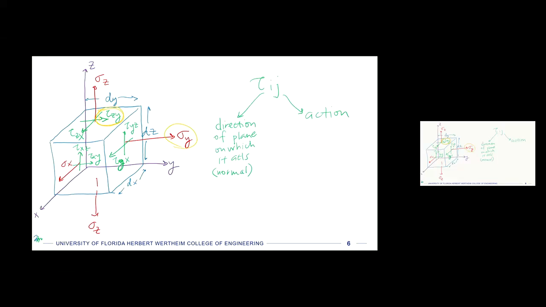So we have sigma x, sigma y, sigma z, and then shear stresses, 2 on each face. So we have 6 plus 3, that's 9 components. That is kind of a lot to define for this stress state, especially when we know it's a very simple one. So we're going to simplify it a little bit.